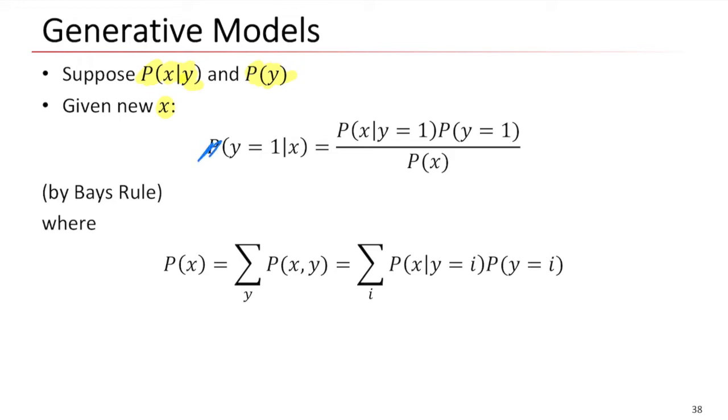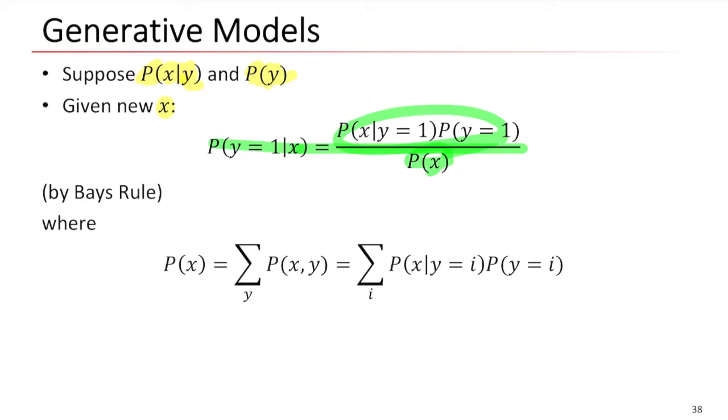We want to know the probability of the class y equal to 1 given x. Then we can represent this like this.